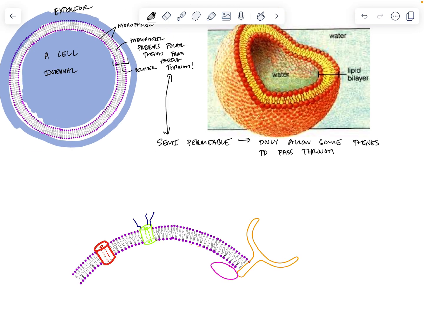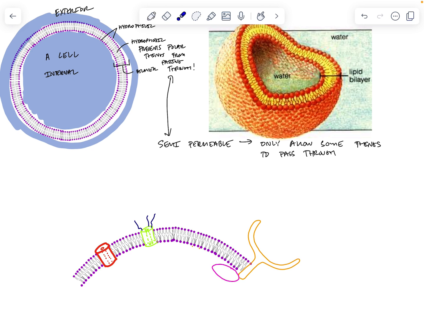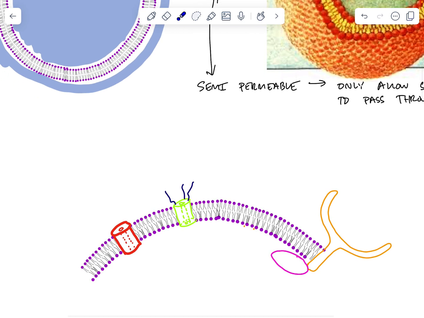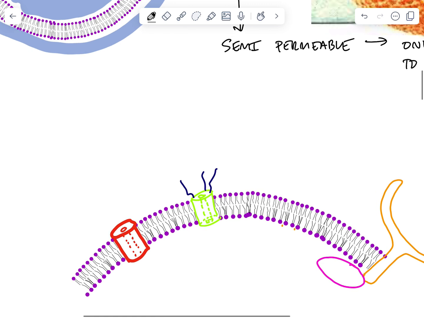So this image, my kind of lacking image, and then this image of a cell, they're both actually missing some of the complexity that a cell has. So the model of a cell membrane that we're going to be talking about is called the fluid mosaic model.